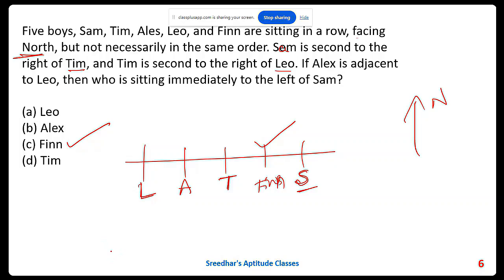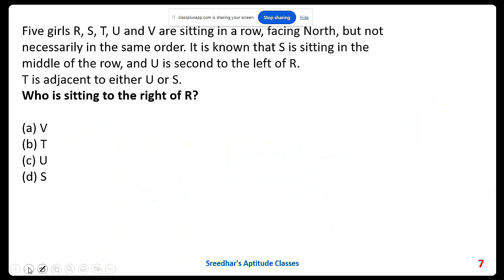Next question. Here is the next question.